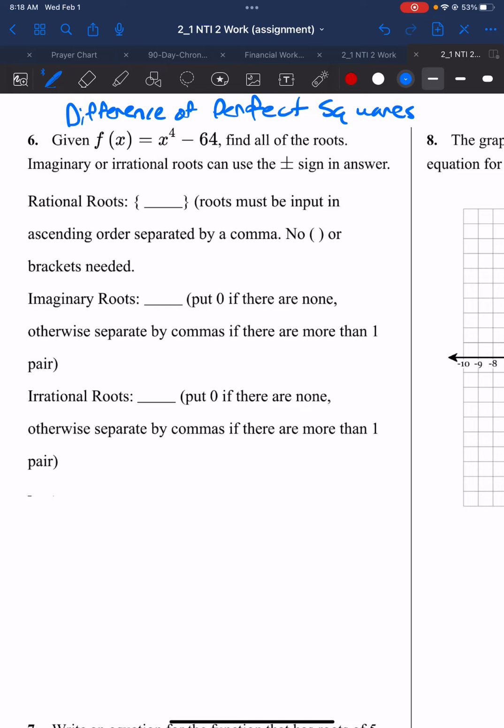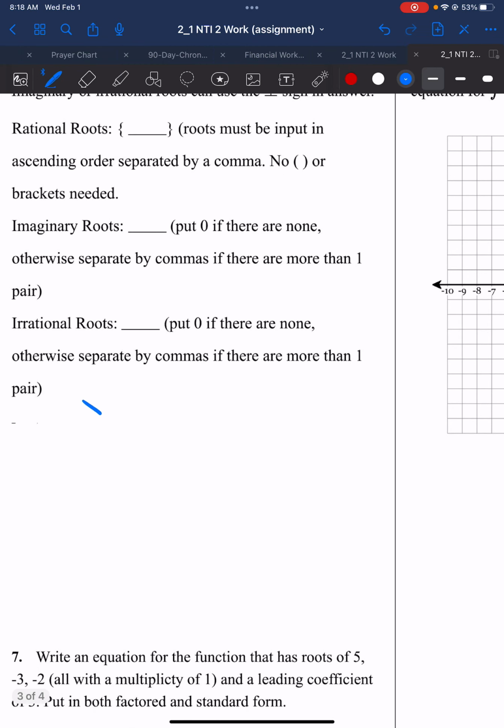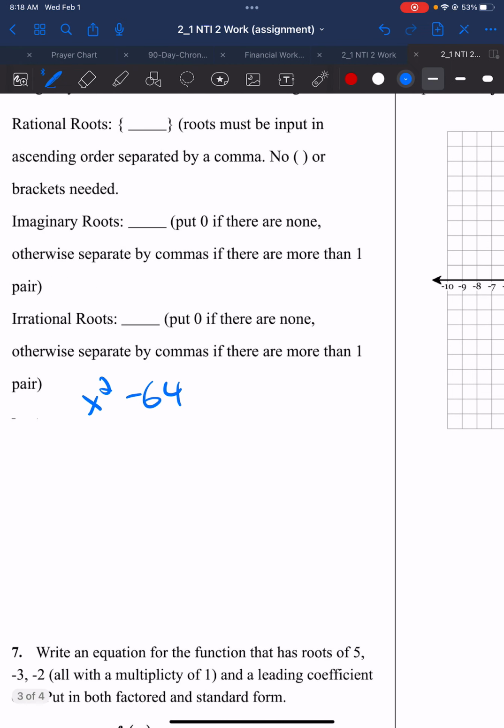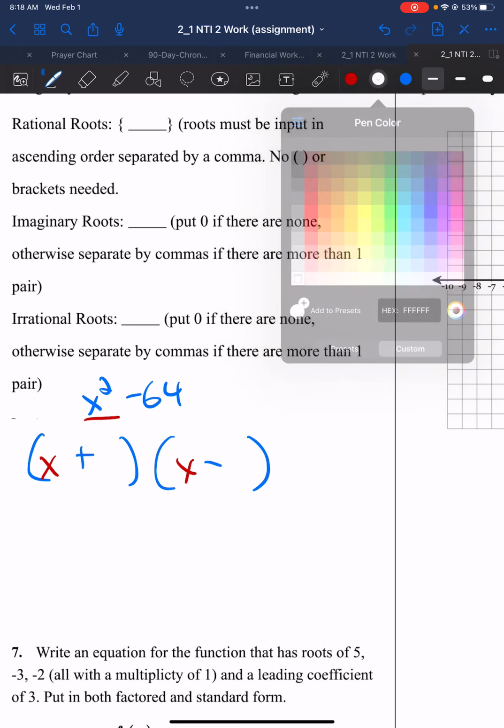So right here, all I'm doing is taking x squared minus 64, what I'm given, and I'm going to take the square root of both, okay? I'm going to have a plus and minus always. Take the square root of the first part. Well, that's going to give me x in front, because the square root of x squared is x. Let me do a different color here.